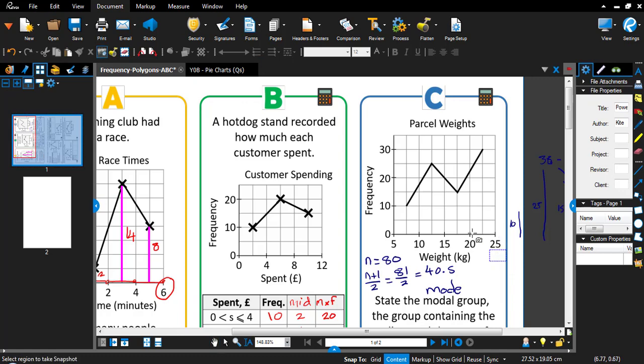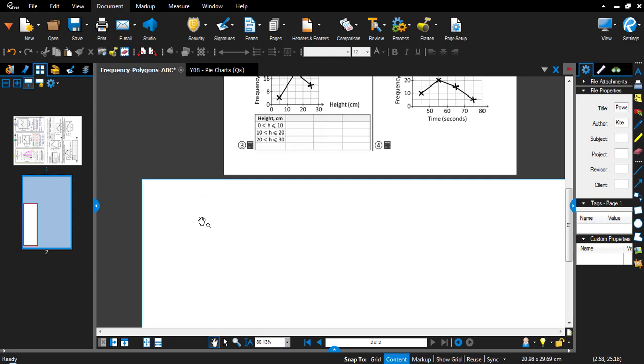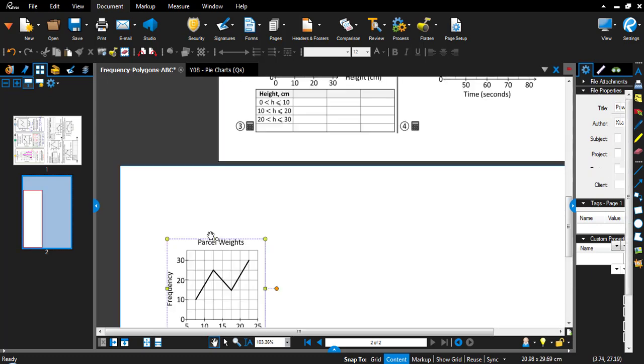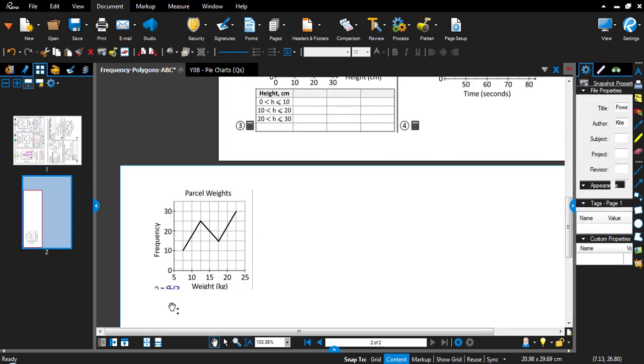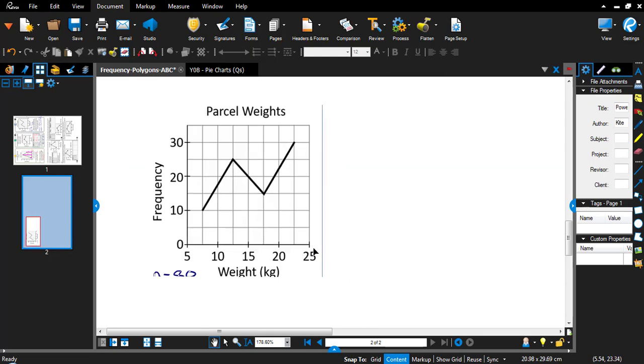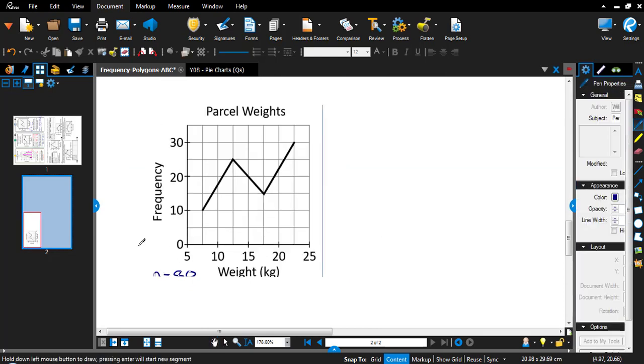So I'm going to grab this, and here we go. We need the mid value times the frequency, and we need the frequency. You can do a big table, I'm just doing it nice and simple.